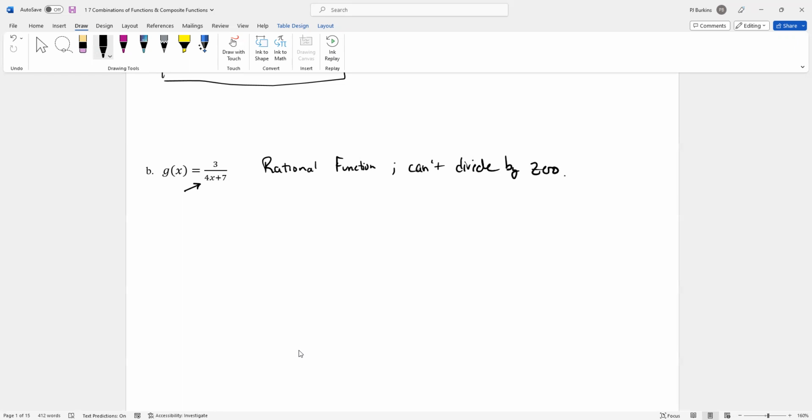So what we do is we say, okay, let's say 4x plus 7 cannot equal 0. And we'll solve this just like any other equation. Subtract 7. So we have 4x can't equal negative 7. And then to get x by itself, divide through by 4. So x is not allowed to equal minus 7/4.